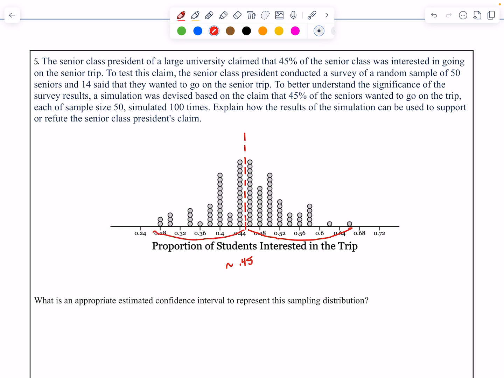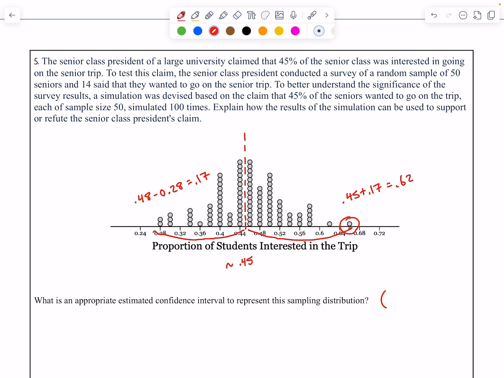So if we say 0.45 minus this lower limit of 0.28, we get about 0.17. And then 0.45 plus 0.17 would give us about 0.62, which is really close to this end of our graph. And so that looks like a pretty decent confidence interval that we can just estimate visually by looking at the graph.